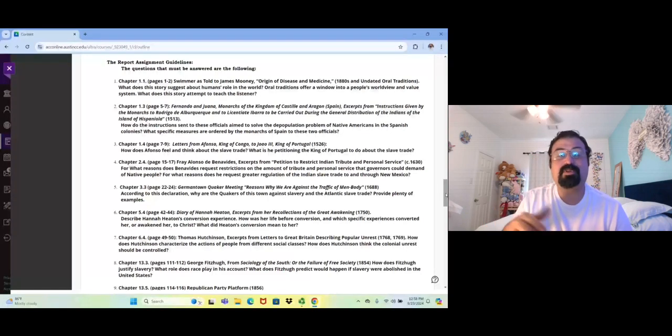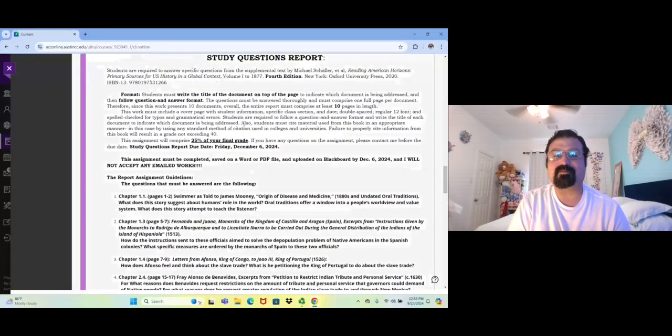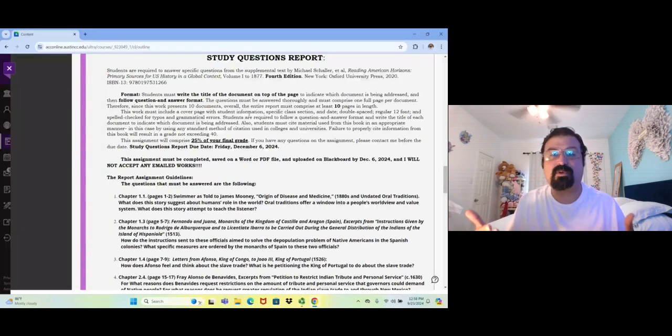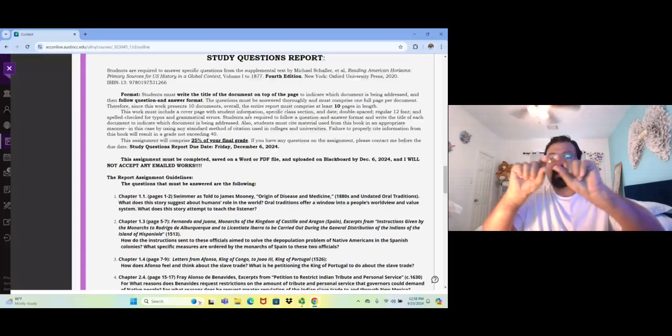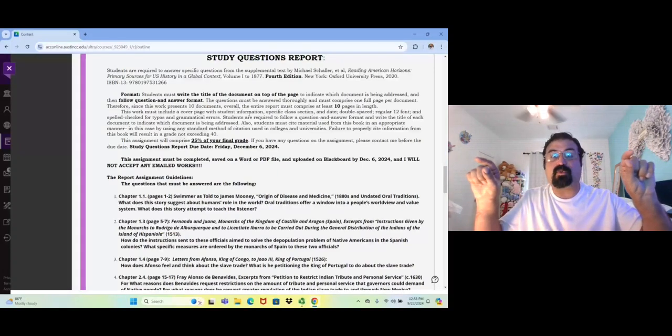The syllabus here presents the instructions very carefully, how to do it and the format, for example, the cover page, the length, it has to be page numbered. You have to follow a question and answer format, and also indicate which document you're working on.